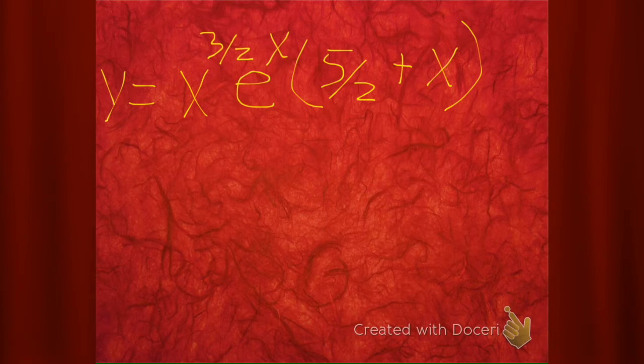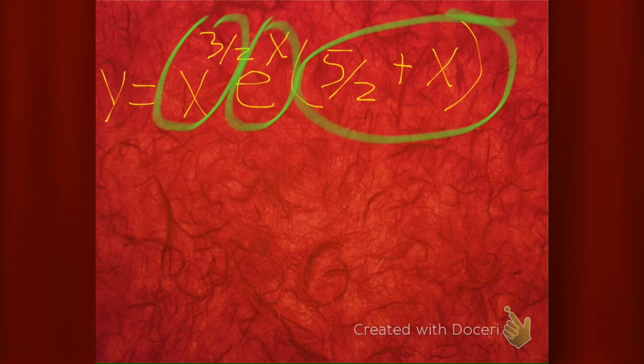Because now, when we're taking the second derivative, we're going to have the product rule inside the product rule. What? I got 3 functions there. 1, 2, 3. So let's group them 2 by 2. How?